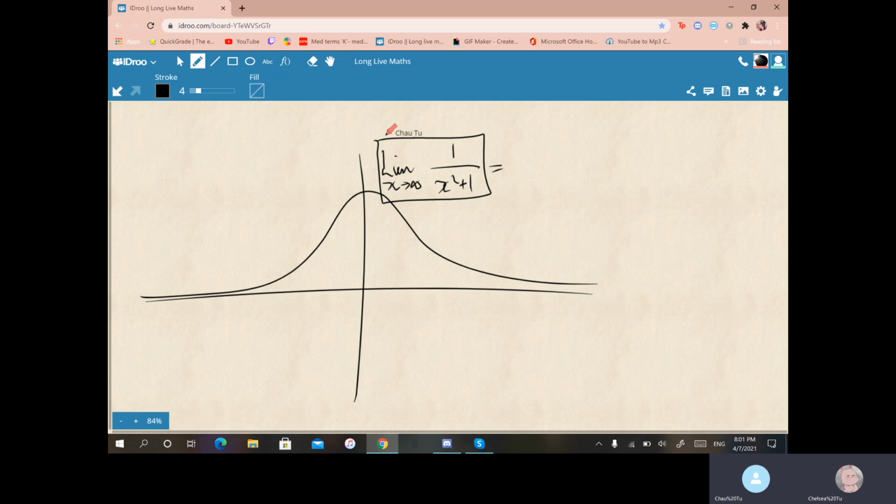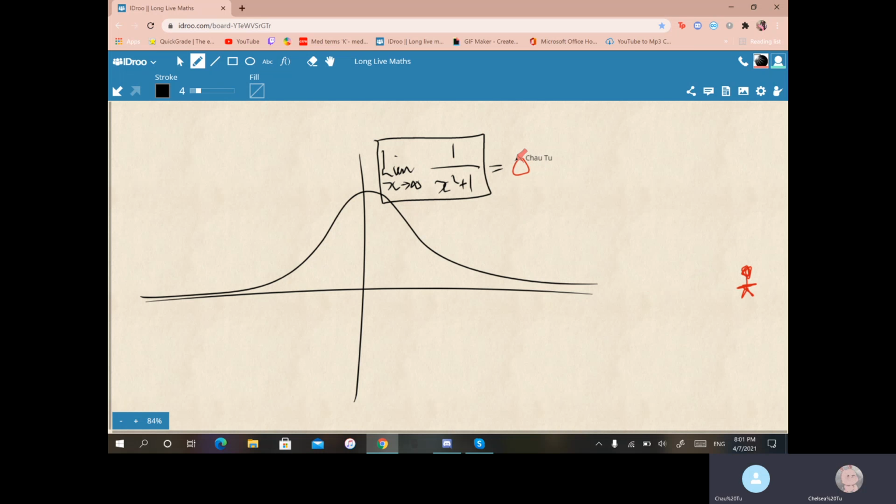So imagine you're walking along that graph. It doesn't hit 0. No, the answer is 0. Because if you keep walking and moving to the right, you're heading towards a height of 0. So we said the limit is 0.